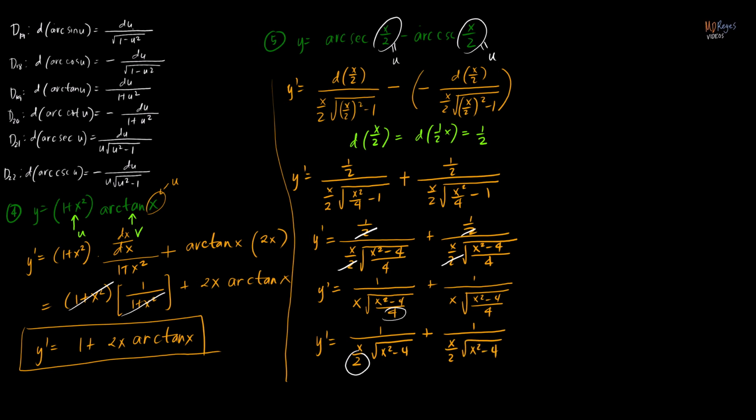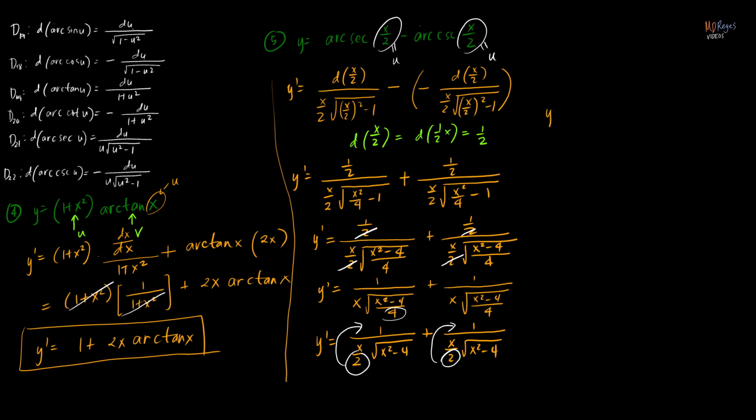Alright, simplifying our final answer. Now both of these 2s in the denominator will go to the numerator as we simplify our complex fraction.